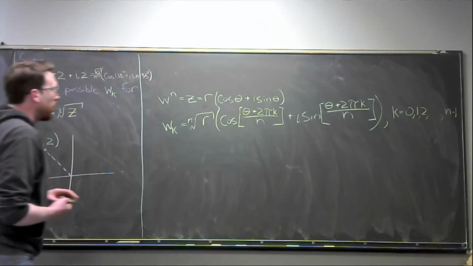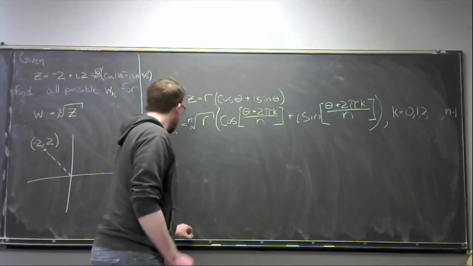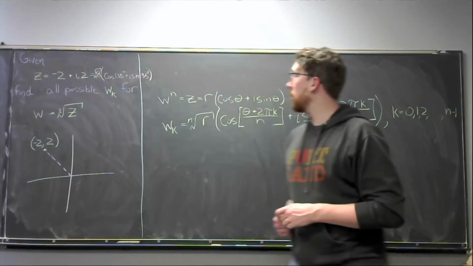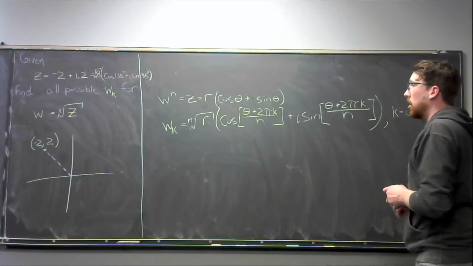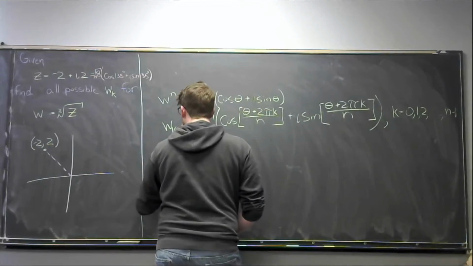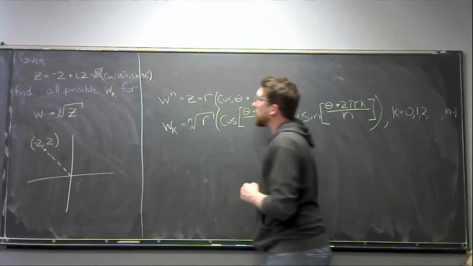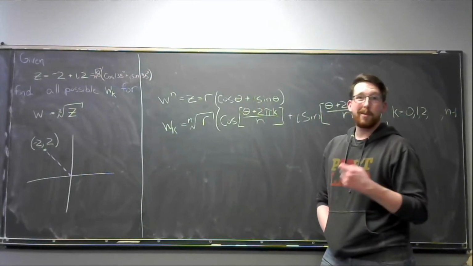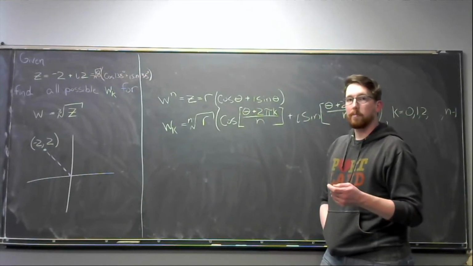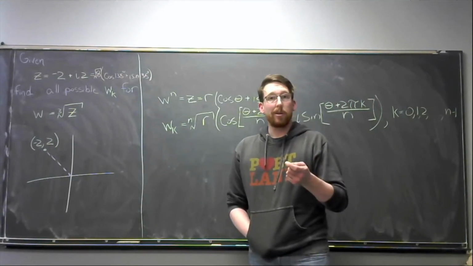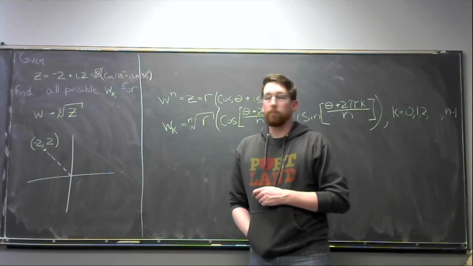Okay, so using this, we're going to find out what our w_k's are. Well, we know that the cubed root of the square root of 8 is going to be the square root of 2. How do we know that? Well, we know that because 2 cubed is equal to 8.